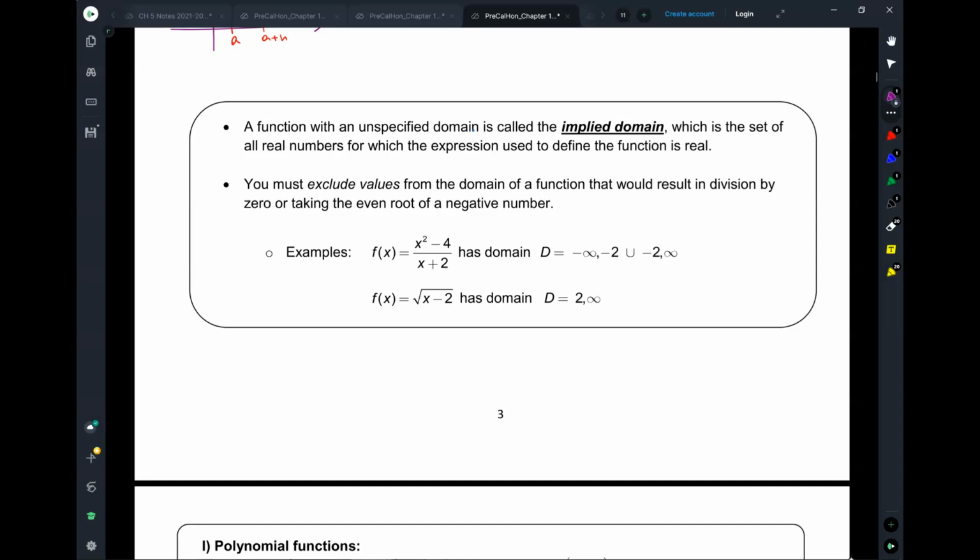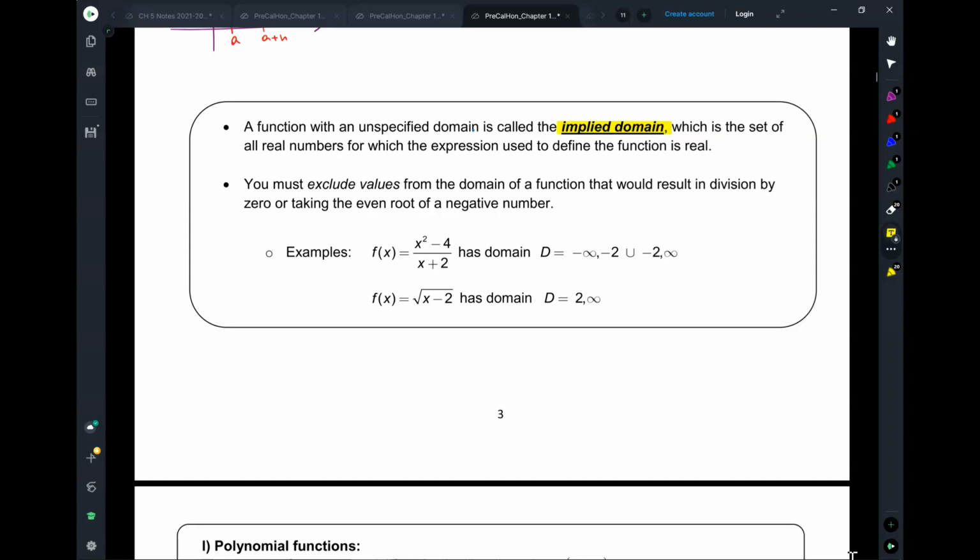Okay, if you're not explicitly told what the domain for a function is, then there is an implied domain, which is all of the x values for which the function is defined or real. Okay?